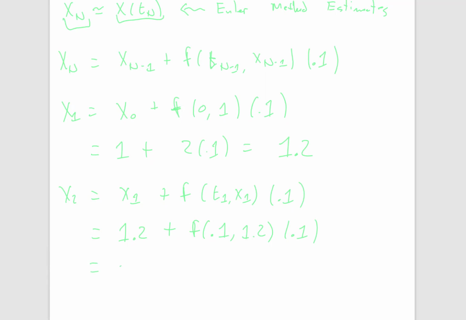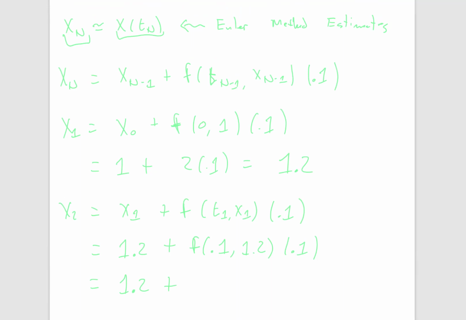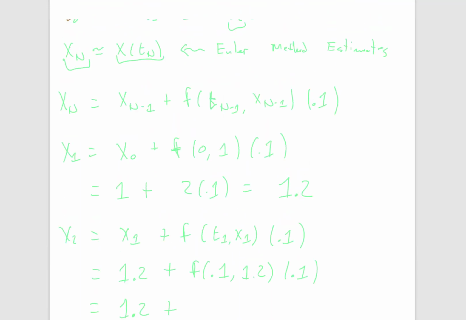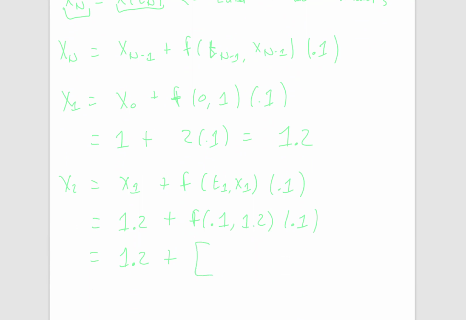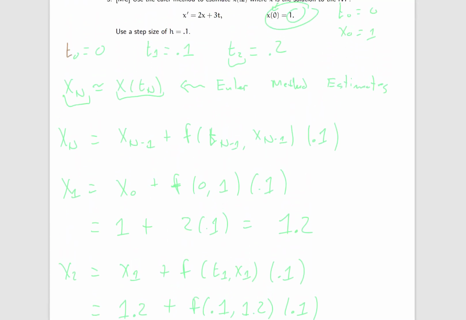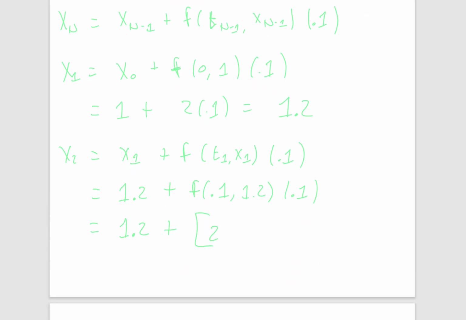Let's just take our time. All this is arithmetic, but let's take our time so we don't screw anything up. So t is equal to 0.1, and x is equal to 1.2. So 2x, 2 times 1.2, that's 2.4.